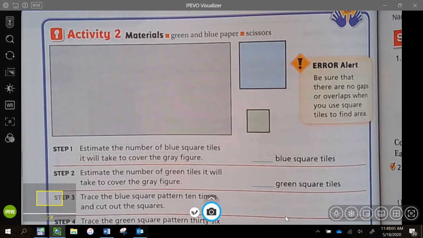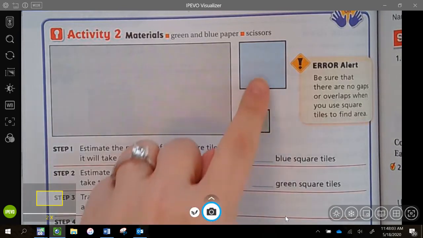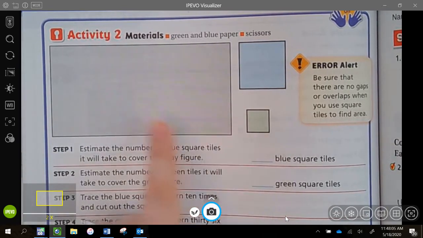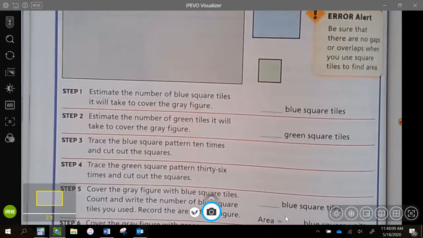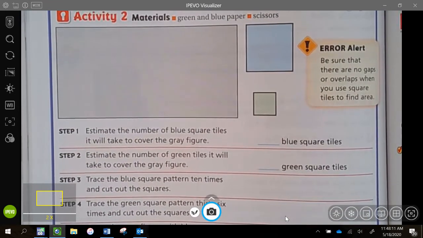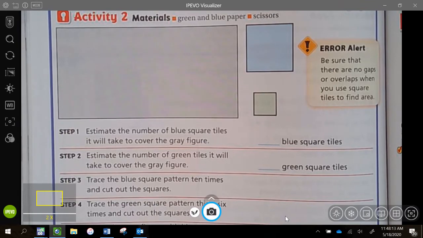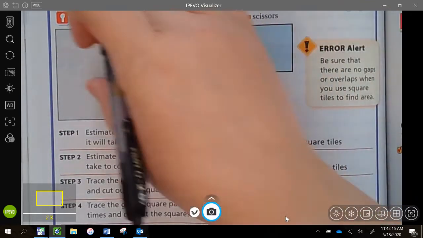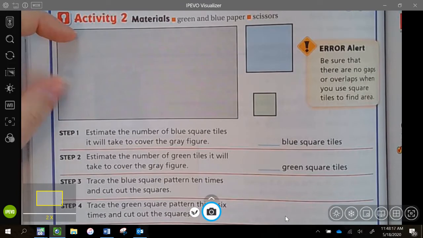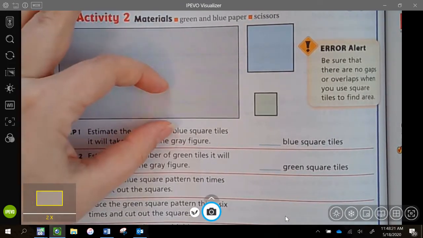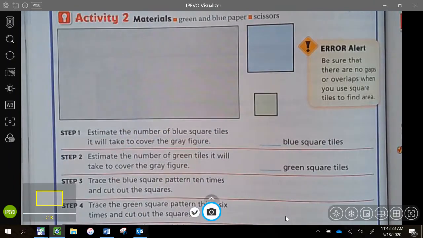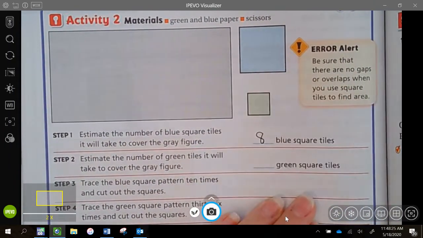So we need to think about how many of each of these would fit inside of this gray box. So we estimate the number of blue square tiles that it's going to take to cover the figure. So if I imagine this, I imagine there's going to be 1 and 2, 3, 4, 5, 6, 7, 8. So I'm going to imagine 8.